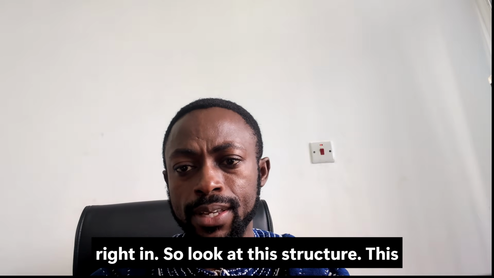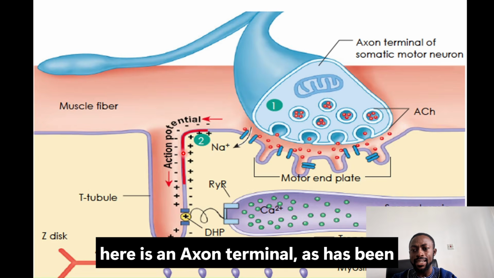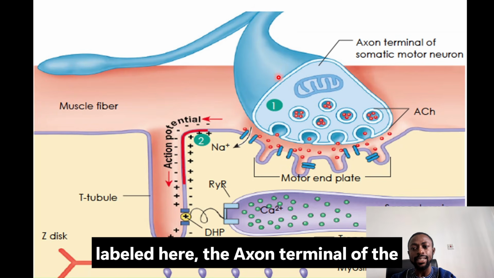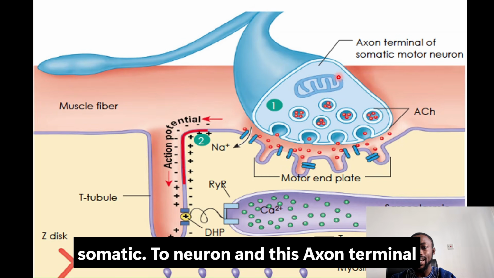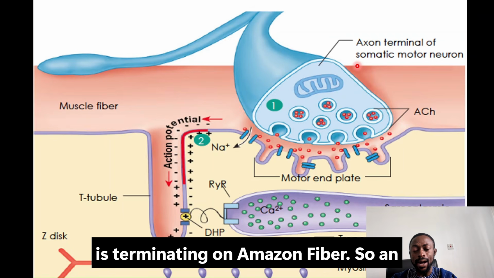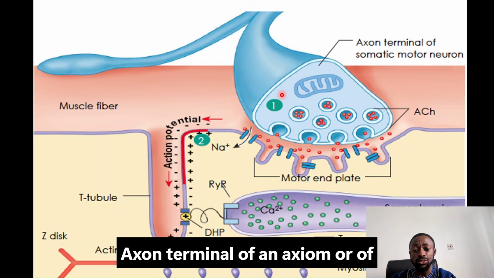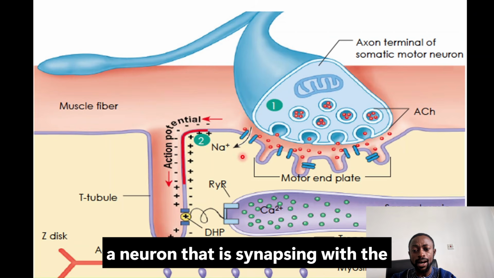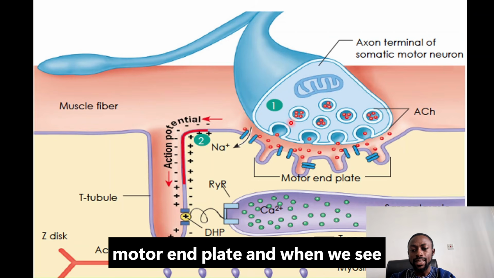So look at this structure. This particular structure here is an axon terminal, as has been labeled here, the axon terminal of a somatic motor neuron. And this axon terminal is terminating on a muscle fiber. So an axon terminal of a neuron that is synapsing with the motor end plate.